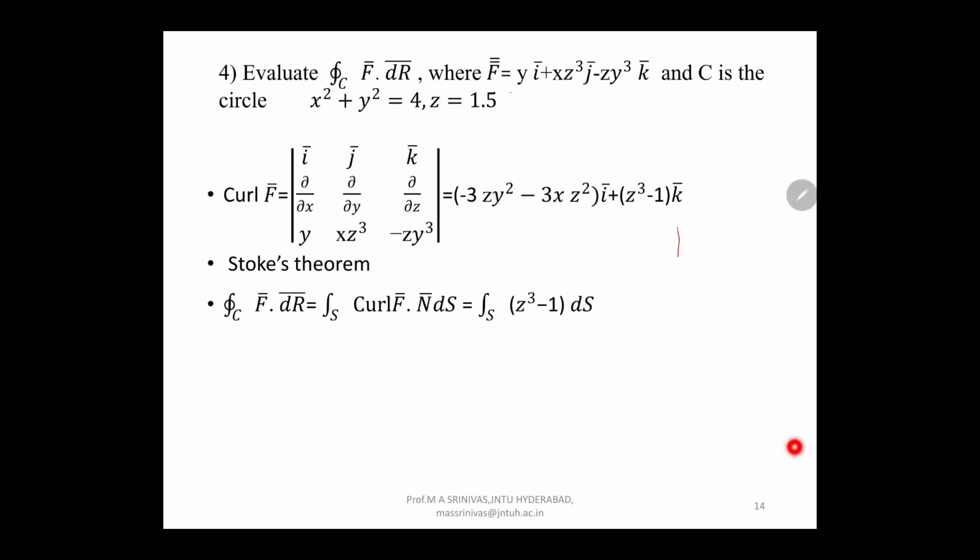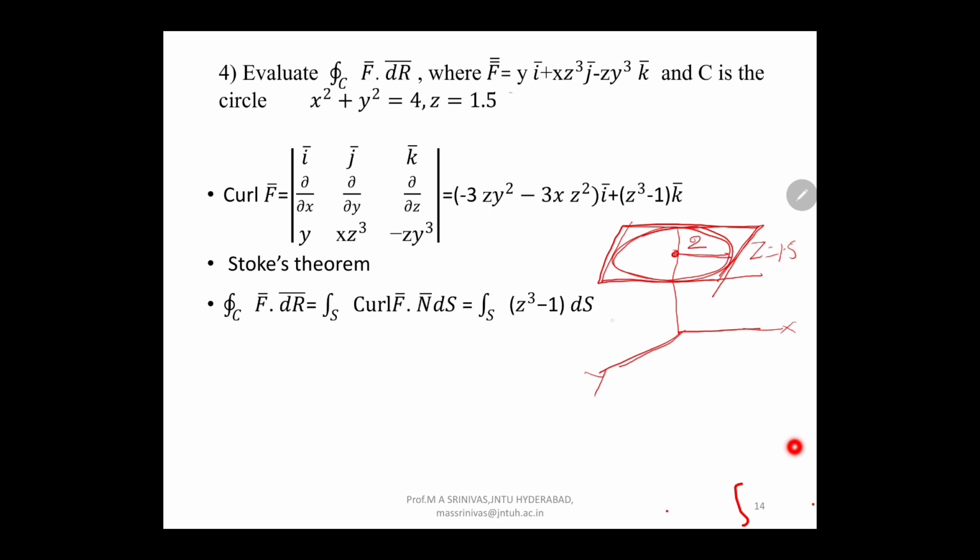So you have a circle on the plane. This is my z is equal to 1.5 plane, which is always parallel to the xy plane. On this plane, you have one circle. The circle radius is 2. X square plus y square is equal to 4.